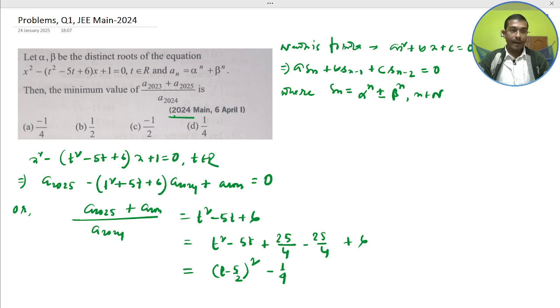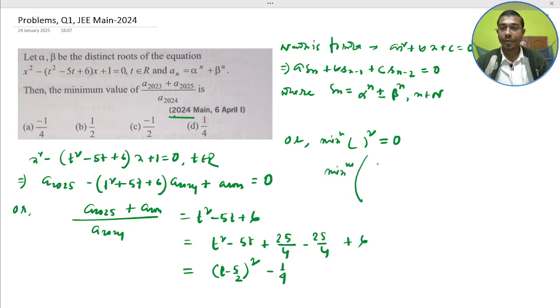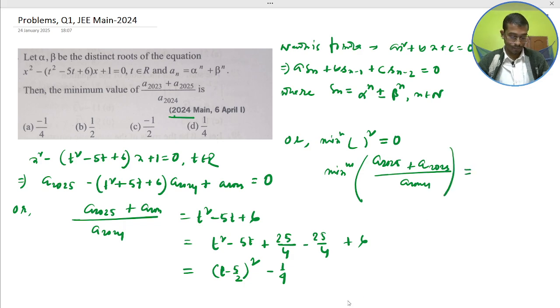So we know the minimum value of a square should always be 0. So the minimum value of (a 2025 + a 2023)/a 2024 is equal to what?